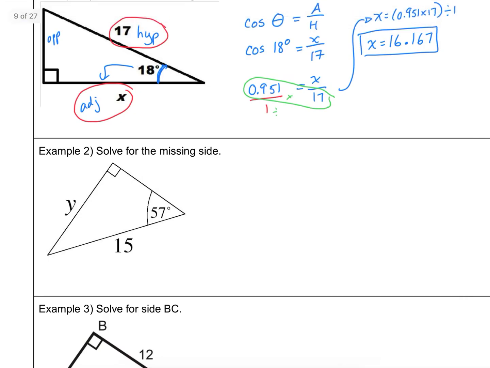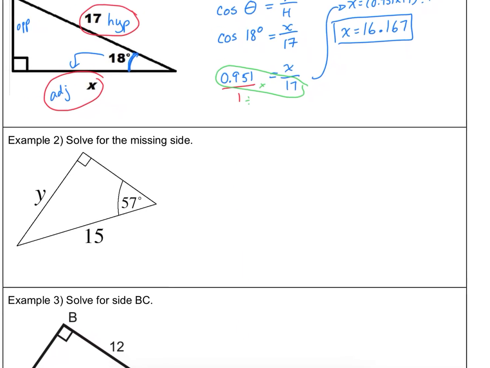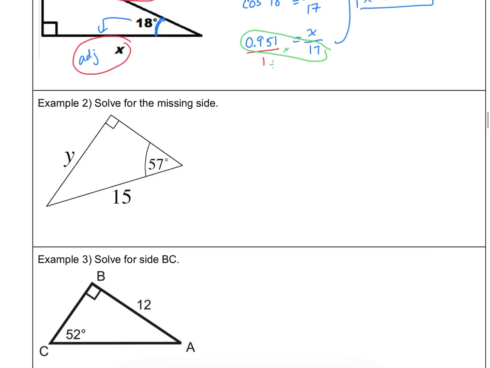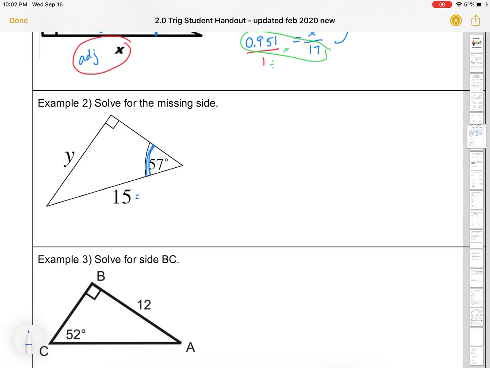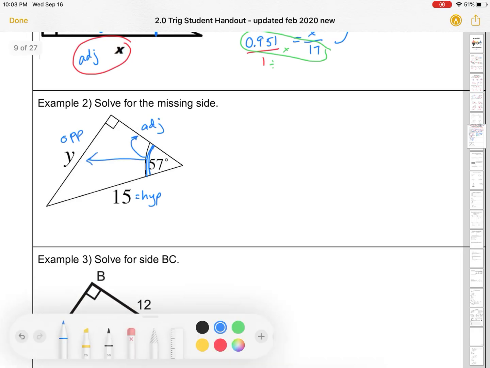So let's try a couple more. So let's follow those steps. Label, circle, choose, and solve. So let's see what we're going to do here. So first we'll label from our degree. We know that this is the hypotenuse because it's across from the square, the right angle. This is my adjacent, and this is my opposite because this is right next door and that's across.